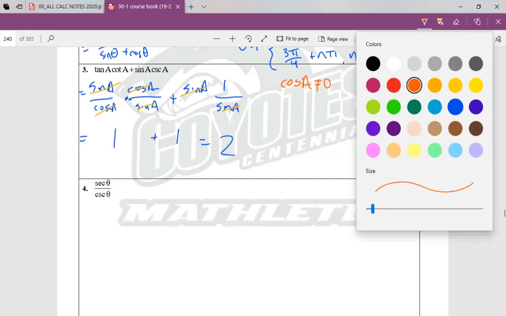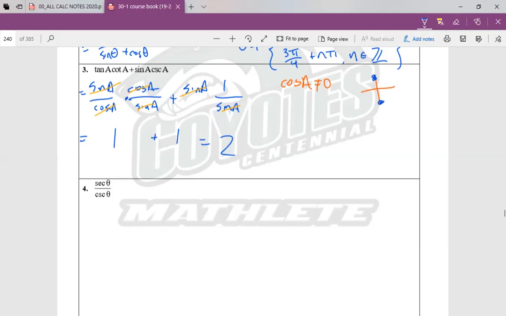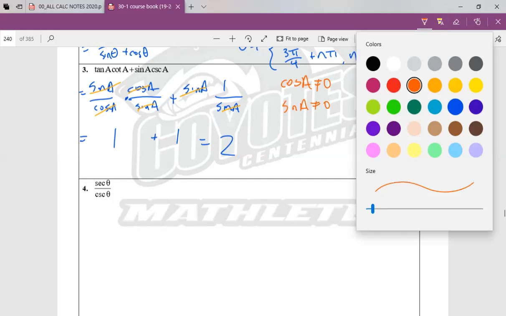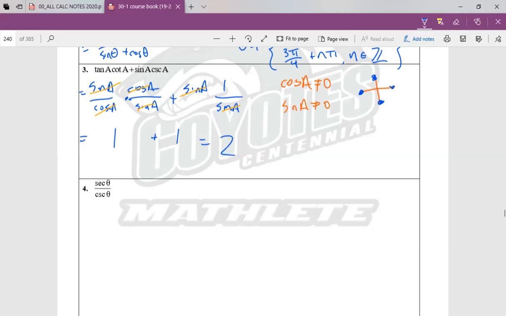That happens here and here. If sine A can't be 0, where does that happen? That happens here and here. So from cosine, we have that A can't equal pi halves or 3 pi halves. From sine A, we have that A can't equal 0 or pi.